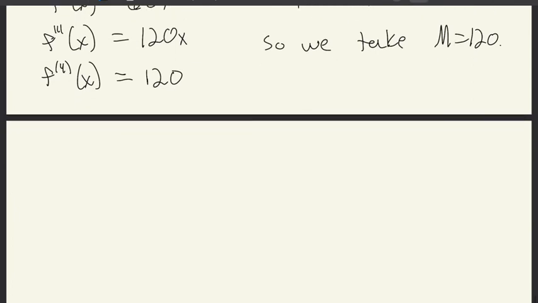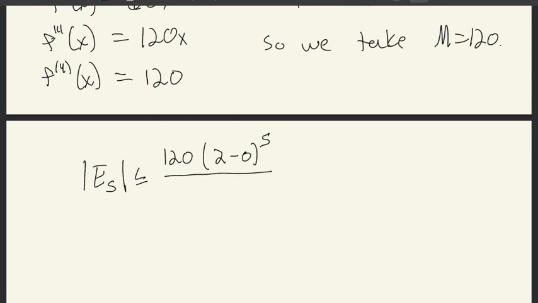So we take M to equal 120. Okay, plugging this in, we see that the error term is bounded above by M, which is 120, times (b minus a), which is 2 minus 0, to the fifth, divided by 180 times n, which was 4, to the fourth.